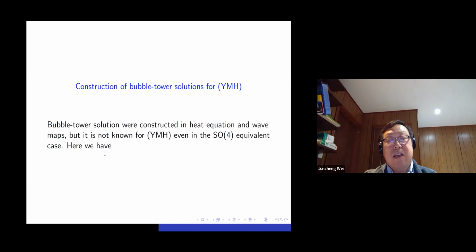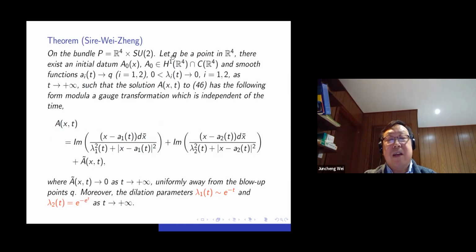So here we give the first existence of a bubble tower for the Yang-Mills. And this is a superposition of two instantons. The first instanton is the bubble that is like 1 over lambda 1 squared, and the second one is like 1 over lambda 2 squared. And interestingly, the first one blows up like an exponential.